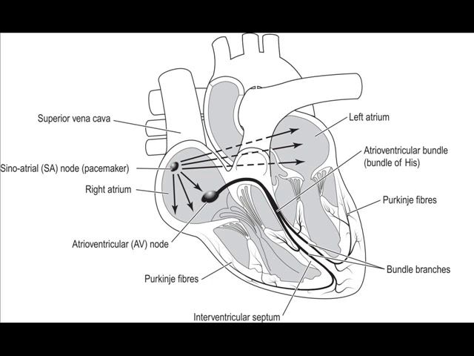The electrical impulse then squeezes through the atrioventricular or AV node, and in health this is the only connection electrically between atria and ventricles. Depolarization then travels down the left and right bundle branches and through the smaller Purkinje fibres, and this precedes ventricular contraction.